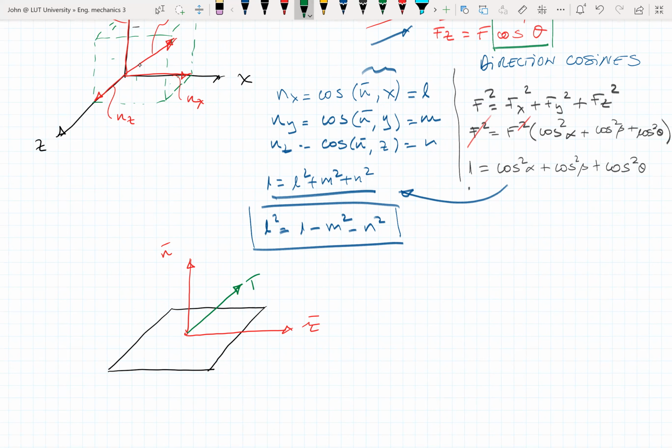Then this vector here is also going to represent two components. This first one here is going to be the normal component, I will write it like this.